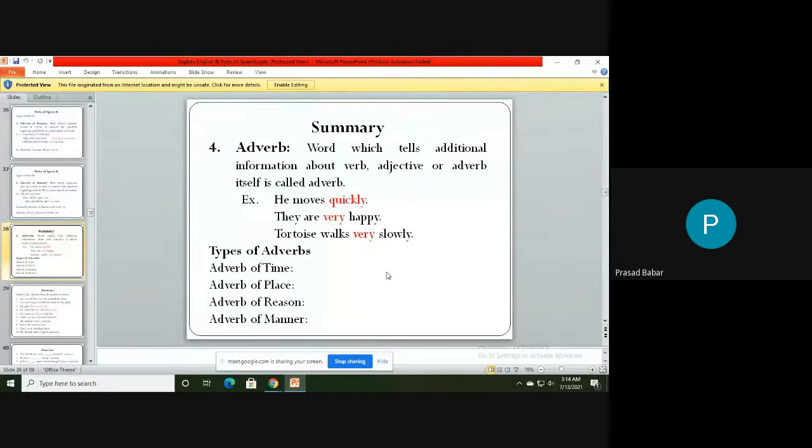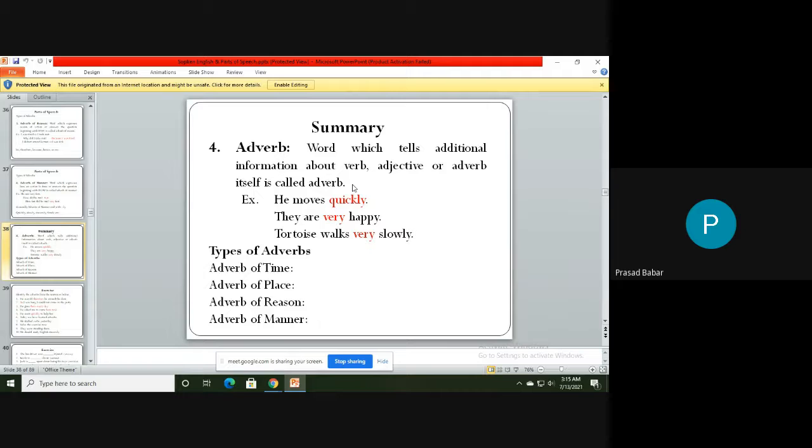So in the summary, we will quickly look at the summary of this adverb. The fourth part of speech is adverb, and the word which tells additional information about a verb, adjective or adverb itself is called an adverb.